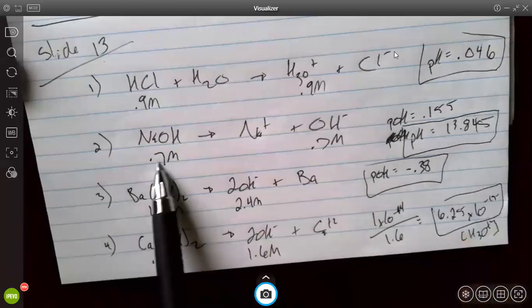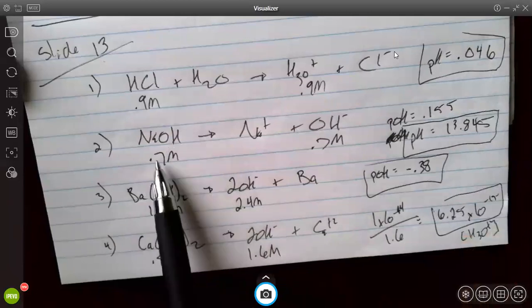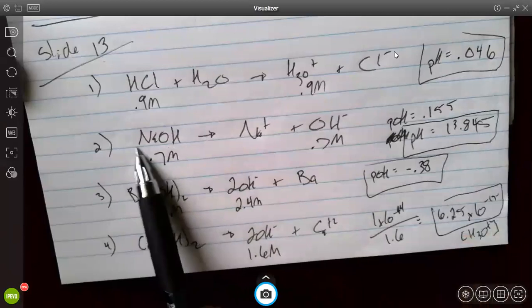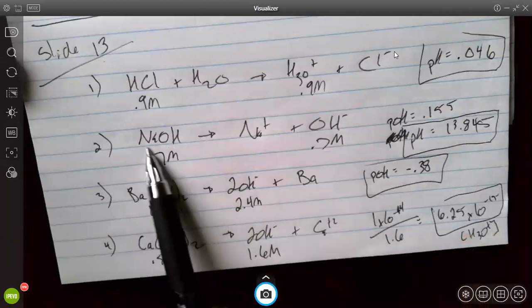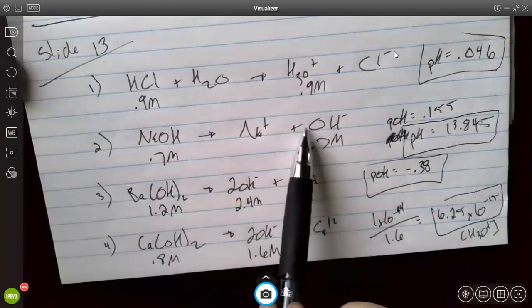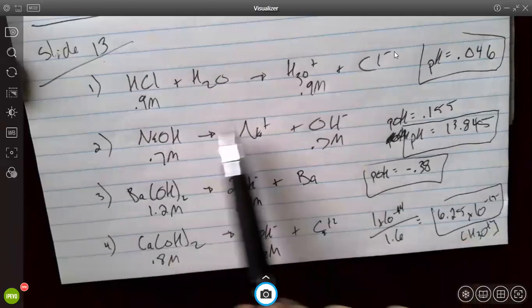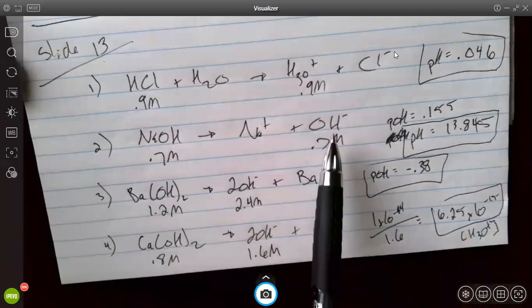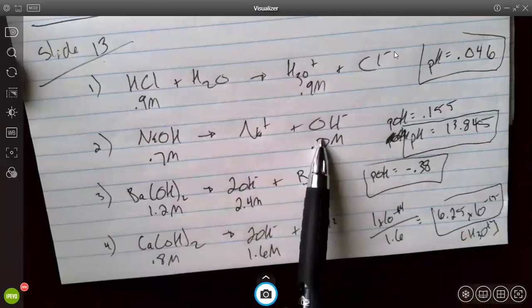For the second question, it asked for the pH of a sodium hydroxide solution with a concentration of 0.7 molar. Again, I start with my equation, though because this is a strong base, it will dissociate instead of ionize, so no water needed. Once again, I have a 1:1 ratio between my base and my hydroxide, so I will have 0.7 molar for my concentration of hydroxide.